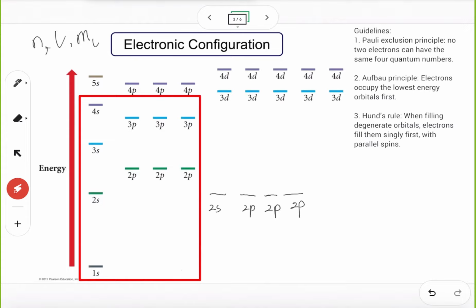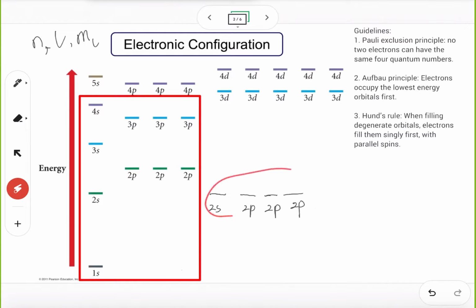Once you put these electrons on these empty orbitals, then the 2p orbitals will have higher energy than the 2s orbital. So don't let this difference confuse you.